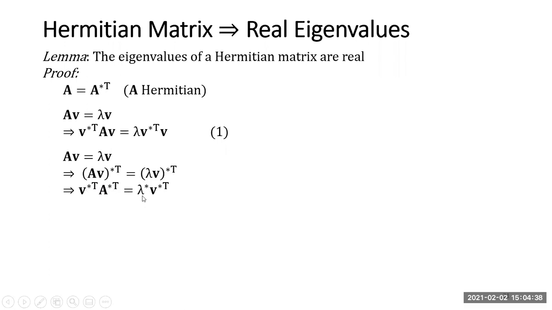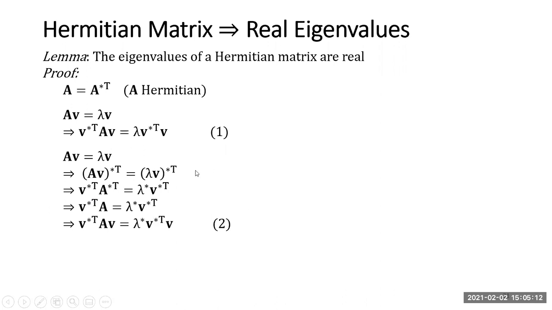Lambda is a scalar, so lambda star transpose equals lambda star V star transpose. Now let me post multiply both sides with V. Hence, V star transpose AV equals lambda star V star transpose V. This is my equation 2.